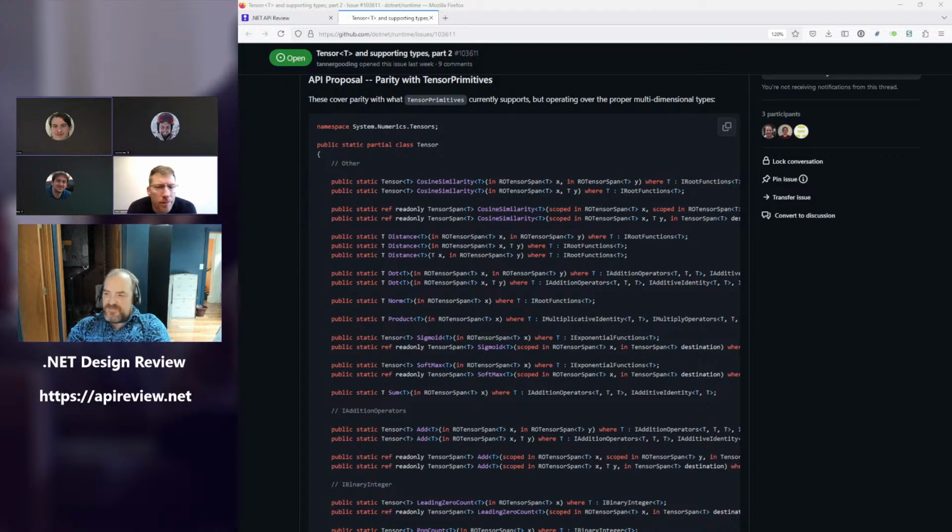Once you hit 6 dimensions, you start getting into the realm of, yes, people can do it, but it becomes so rare that it's not worth making the underlying struct bigger to handle it. We wanted to find a reasonable cutoff for what's inline versus what needs to force allocating a buffer to track the extra metadata. Gotcha.